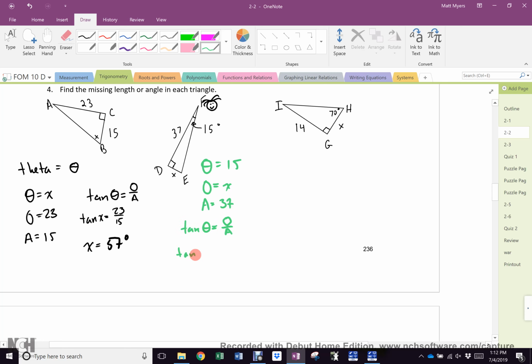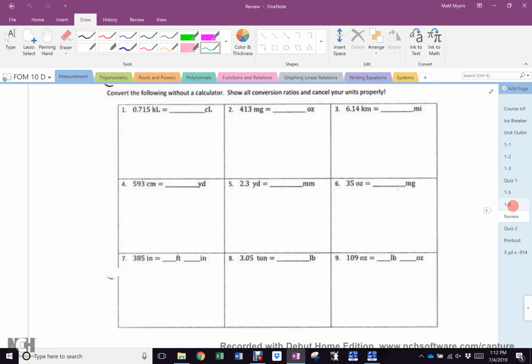Tan of what number now? Tan 15 equals O, x, over A, 37. Now, just this morning, we practiced this, didn't we? When the number was on the bottom, what did we do? We multiplied.